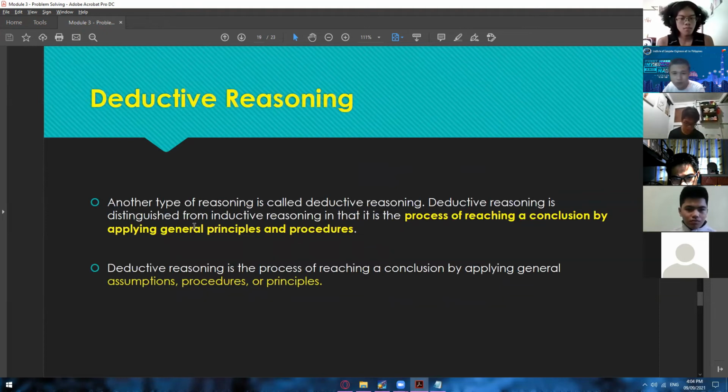So even though you don't have any data, as long as you have these principles or procedures which are already approved by everyone, or most of the people around the earth, I guess, since that's a common phenomenon already, you will be able to get the correct answer.